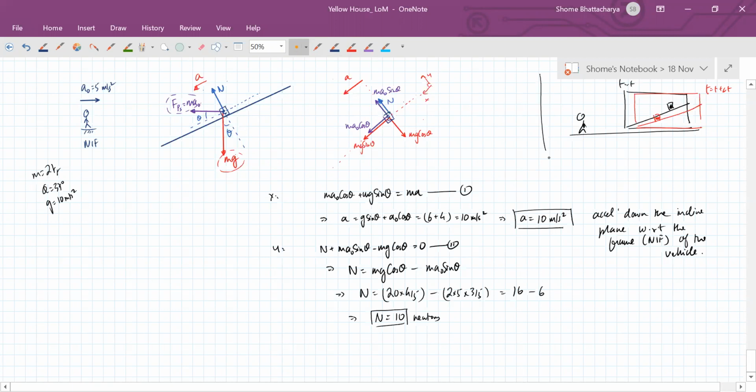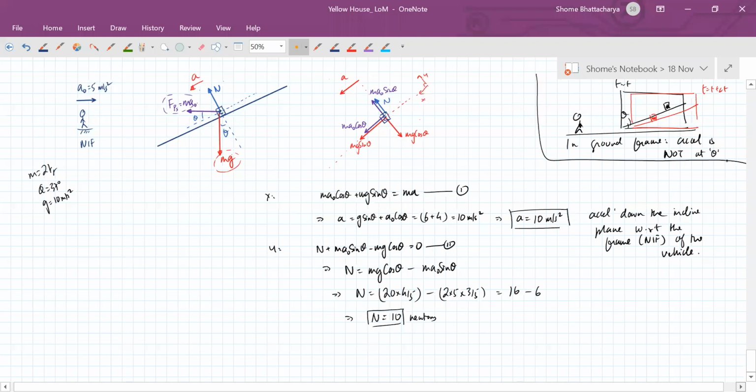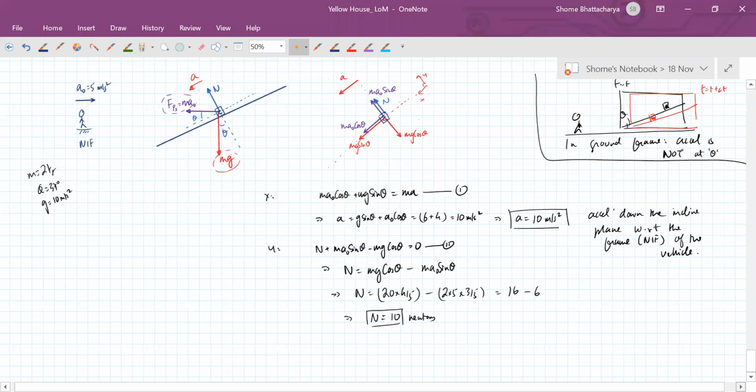So in the ground frame, the acceleration is not at theta, because theta is this angle to the horizontal.